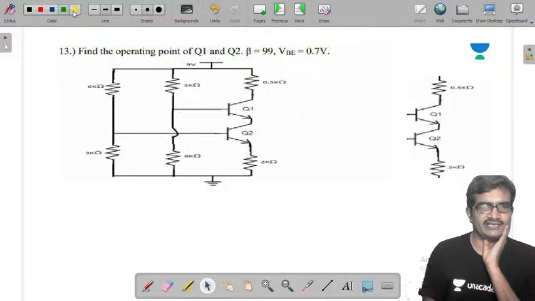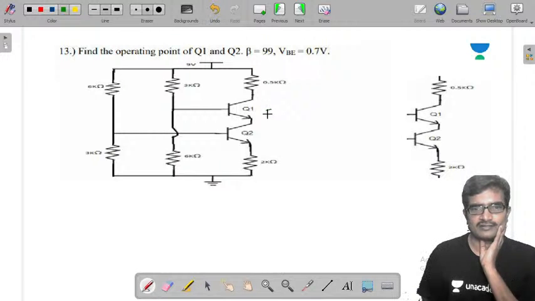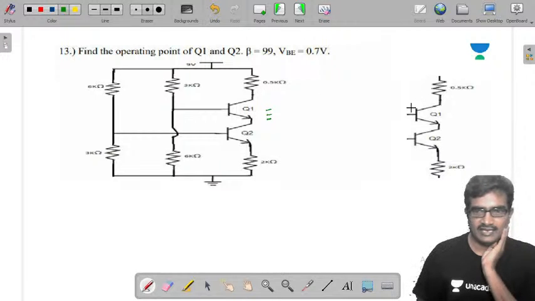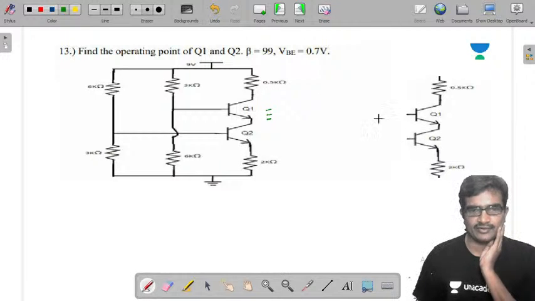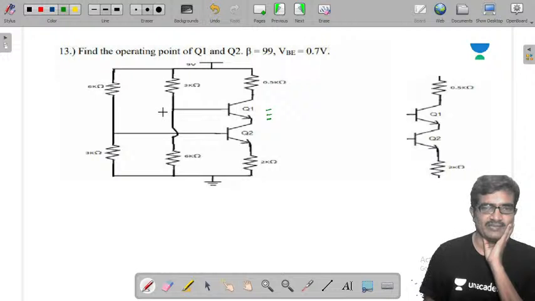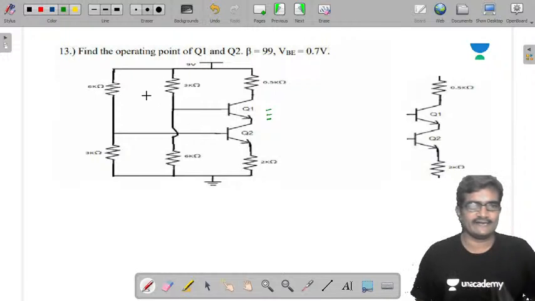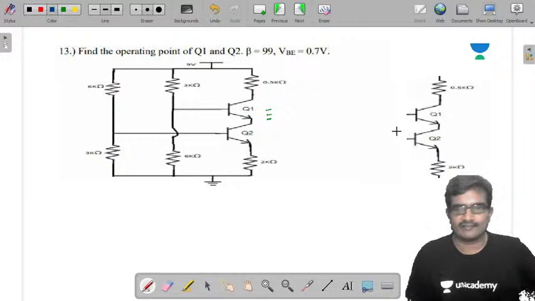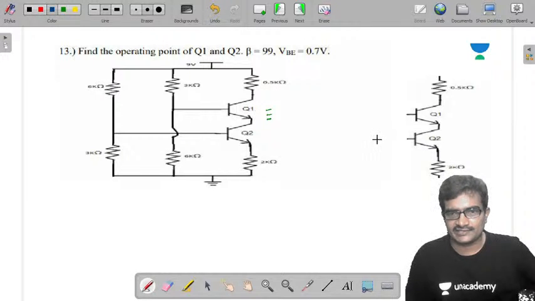At transistors Q1 and Q2, I am applying Thevenin's equivalent at the input side. So the Thevenin's equivalents are like this.